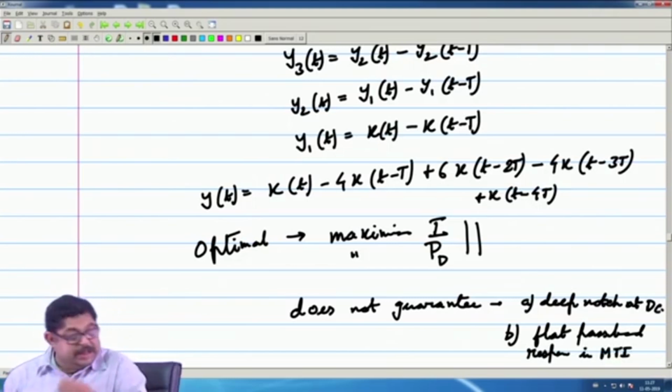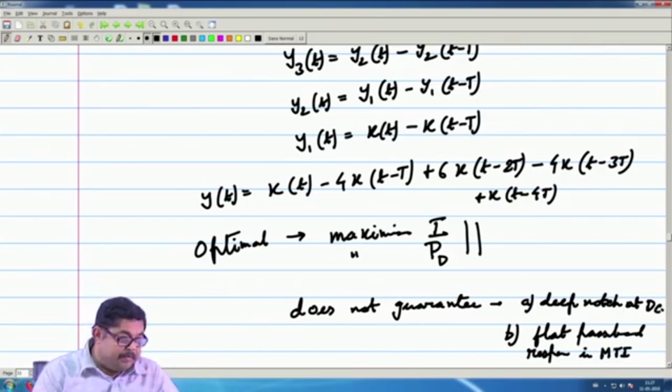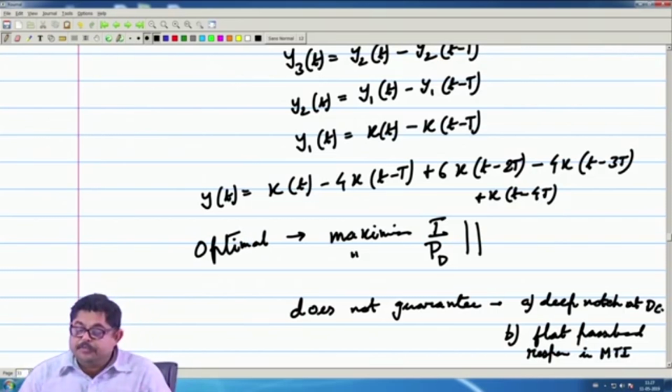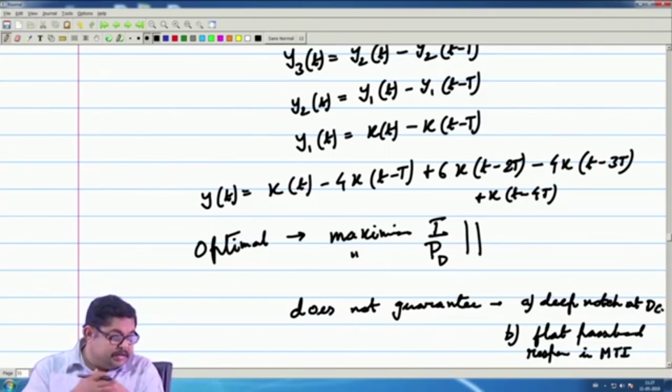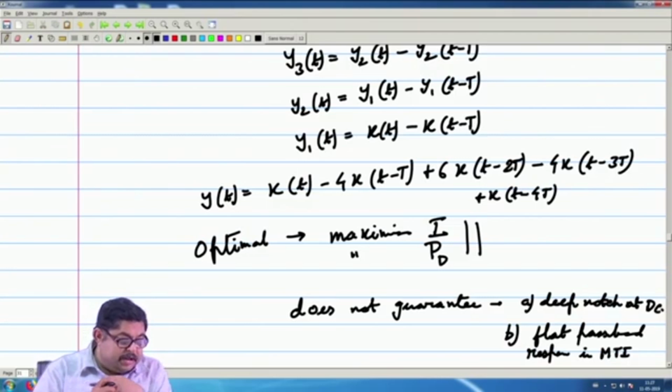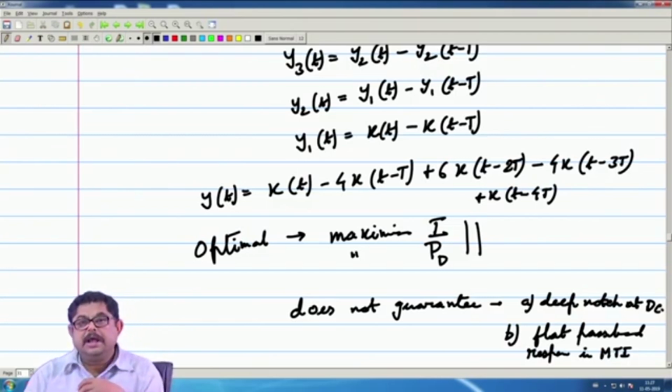So, this is an open problem, the determination of Wi, so that apart from improving I and PD, these two, A and B, are also achieved.